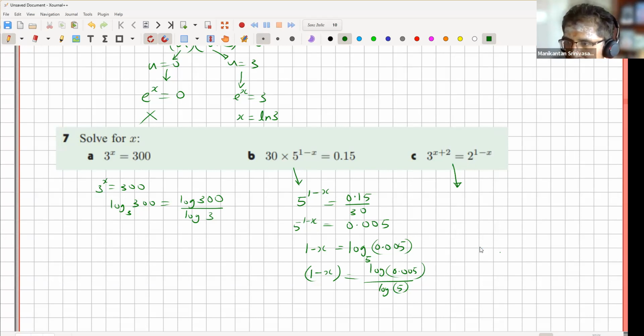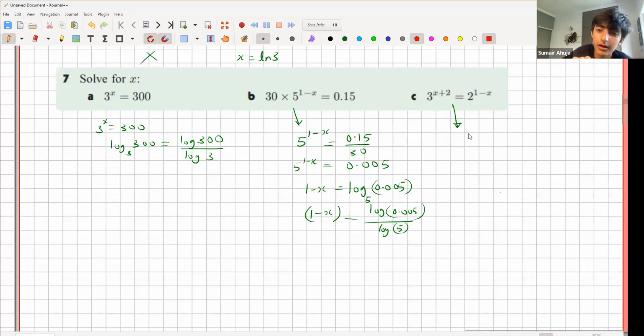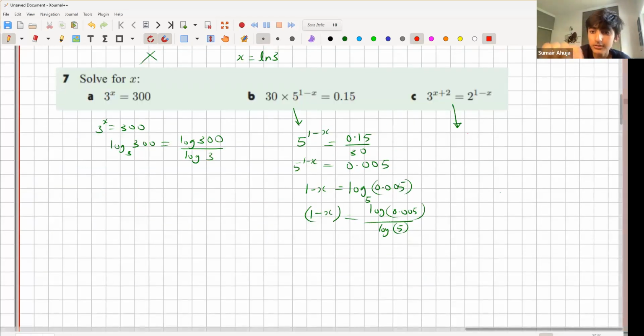Avya, Ahana, more time or should we discuss? We can discuss, sir. I'm not getting it. In fact, Sumer, why don't you go ahead and describe what you did? I broke both of them down. I wrote 3 raised to x plus 2 as 3 raised to x into 3 raised to 2.